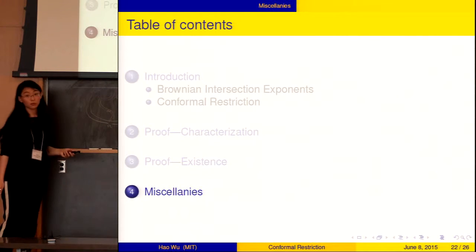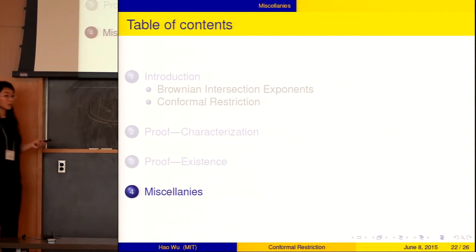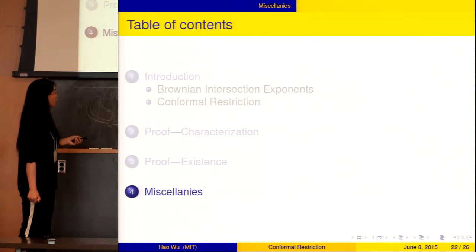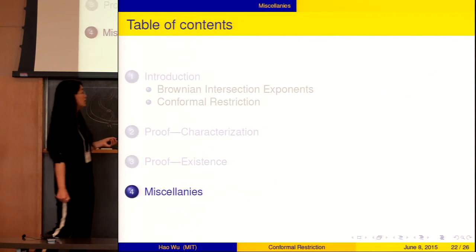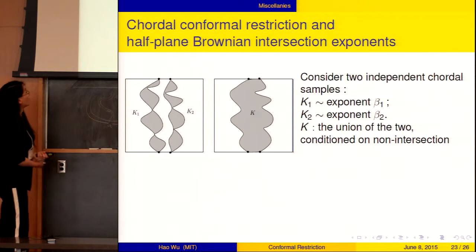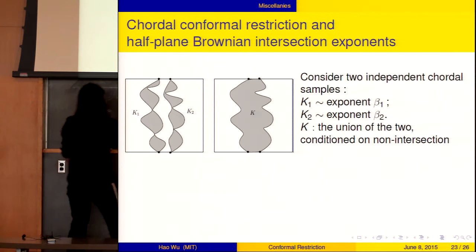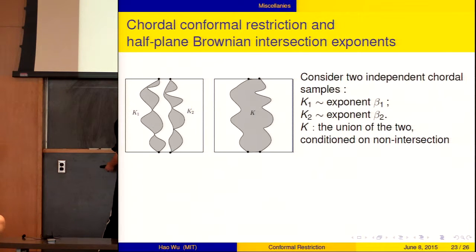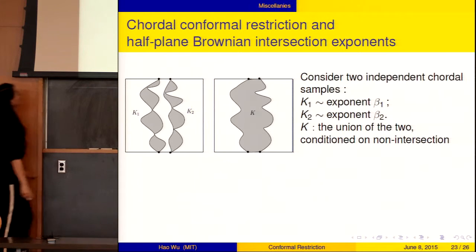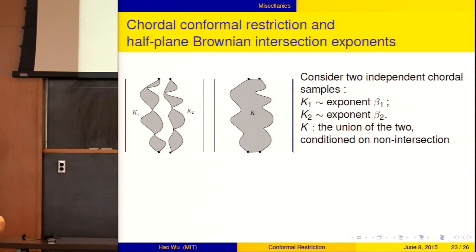And now I can go to the last part. In the last part, I will talk about how Brownian intersection exponents are related to restriction measures. So first of all, consider we have two chordal restriction measures, K1 and K2.